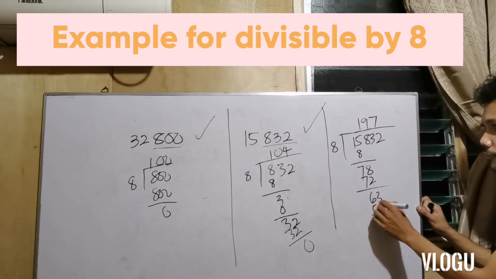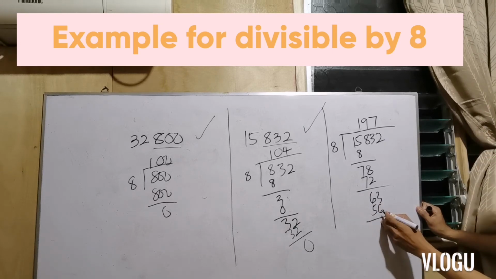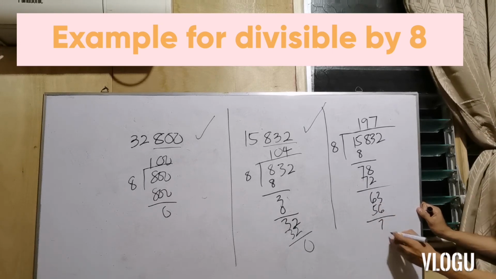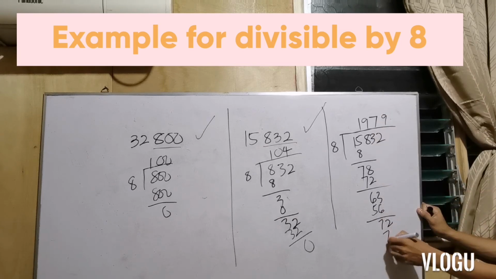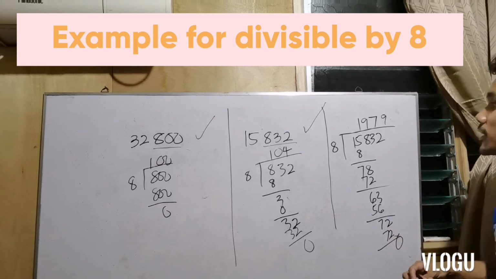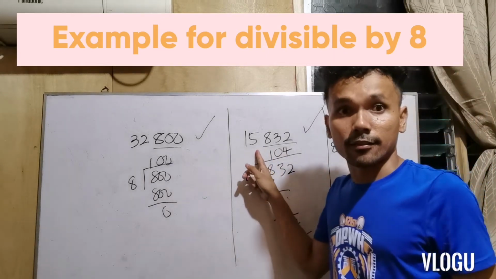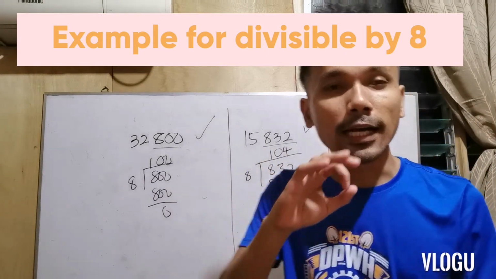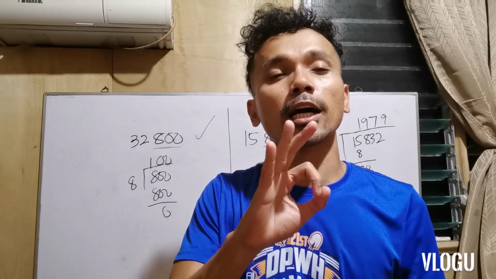I have 56. So, you have 56, 7. So, you have 72. So, I have 9 right here. So, I have 72. And I have 0 right here. 1979. So, it's obviously divisible by 8. So, madali lang. Kunin nyo lang ang last 3 digits. And if it is divisible by 8, therefore, the number is divisible by 8.